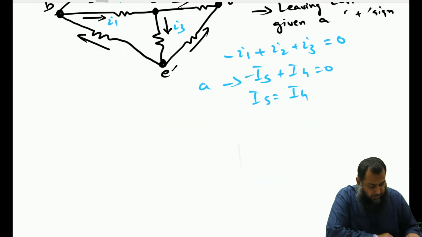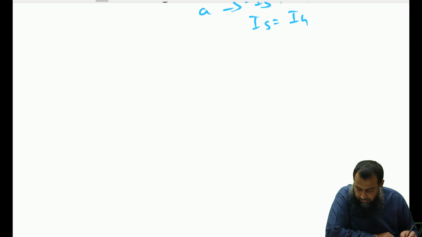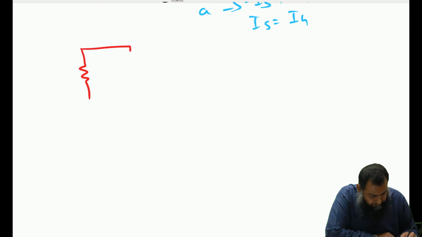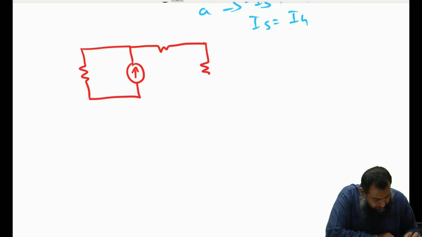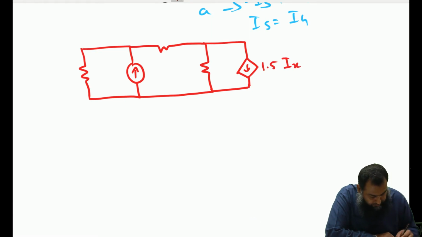It can be used to solve some really simple circuits. For instance, let me draw a circuit. We have this particular circuit, and we have a controlled current source as well, with a value equal to 1.5 times Ix, where this is the current Ix.